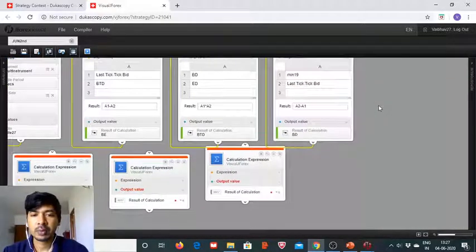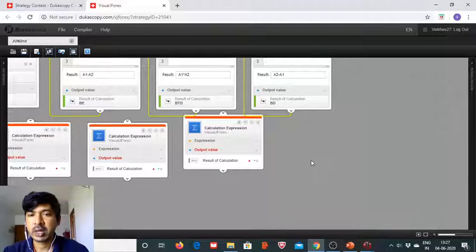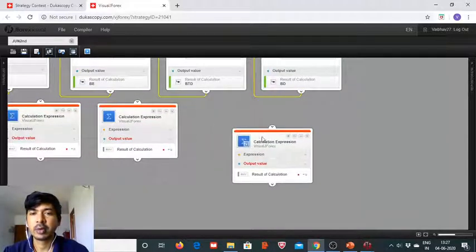Now again we will need to go back on chart to see where the sell point should be.